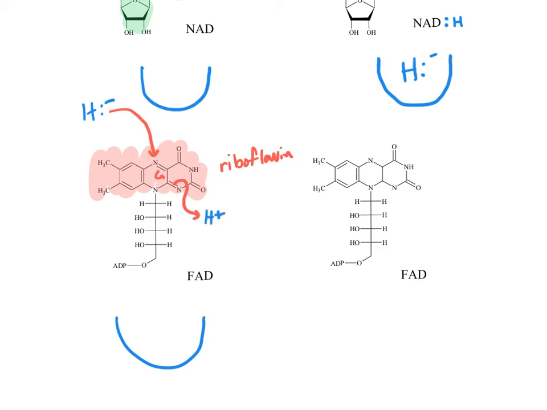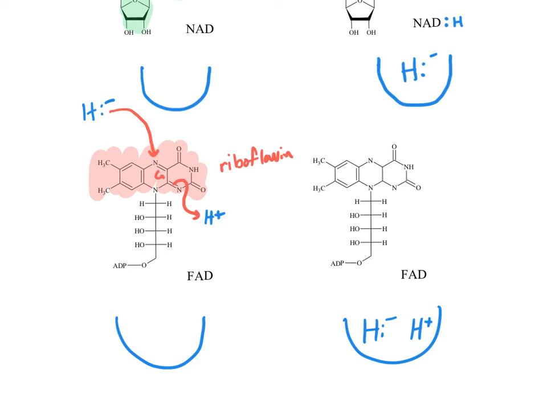So FAD is a basket, and it has a slightly different purpose. It holds hydride ion, that's the same purpose, but it also holds an extra proton. It might seem like that's no big deal, and frankly, it's not a huge deal, but we do want to make a note that these are slightly different baskets, and they do hold slightly different contents.